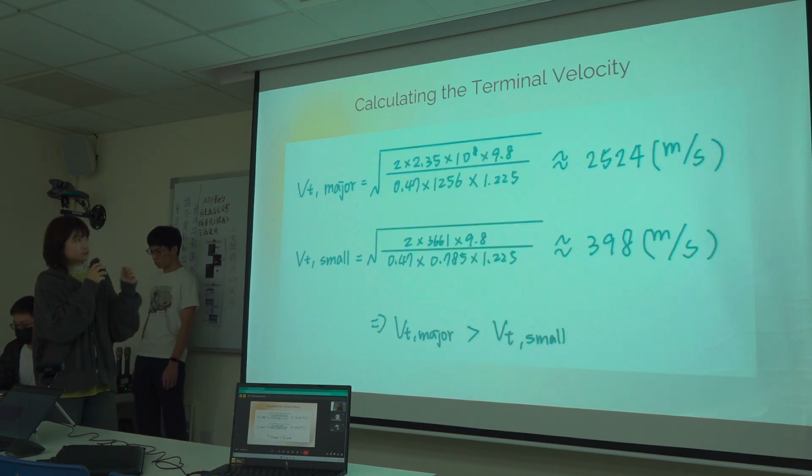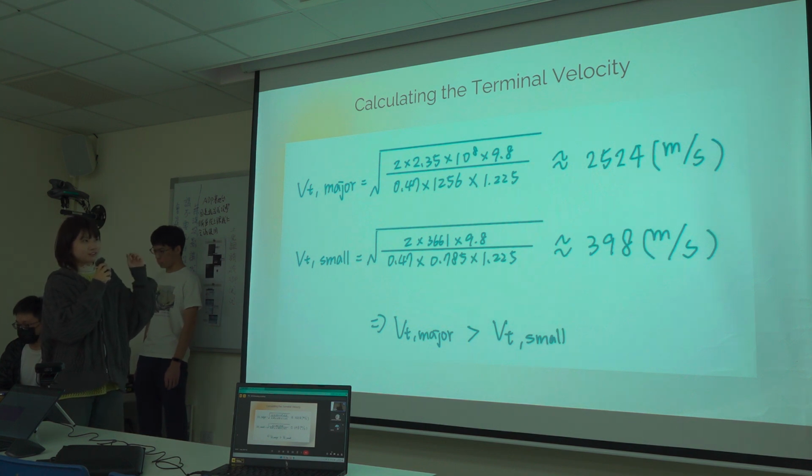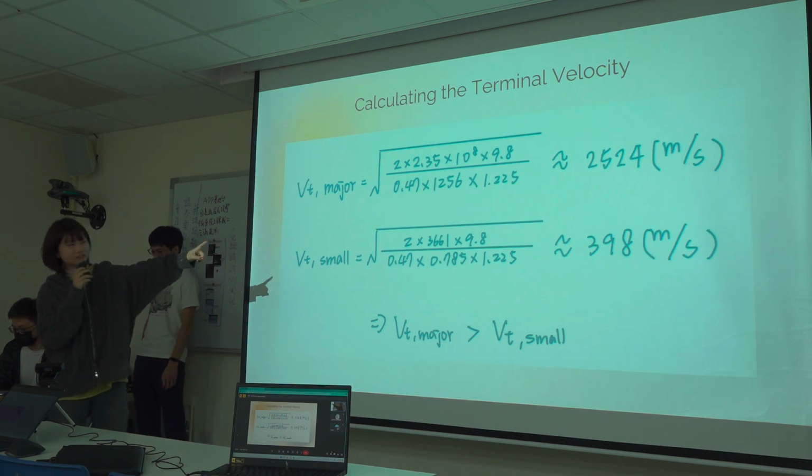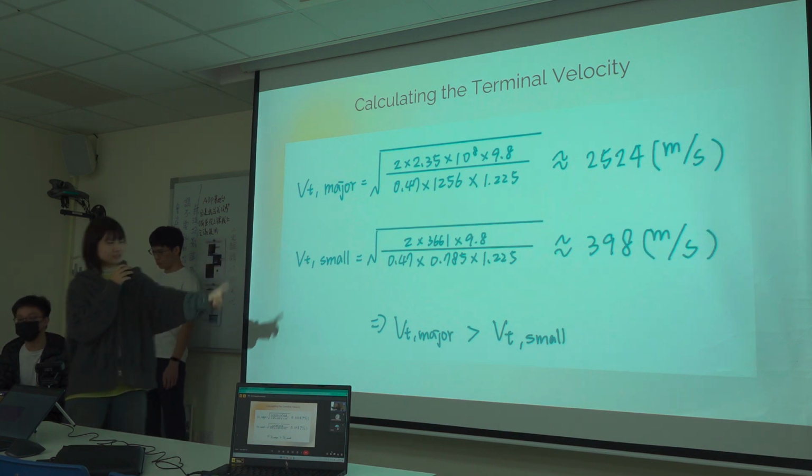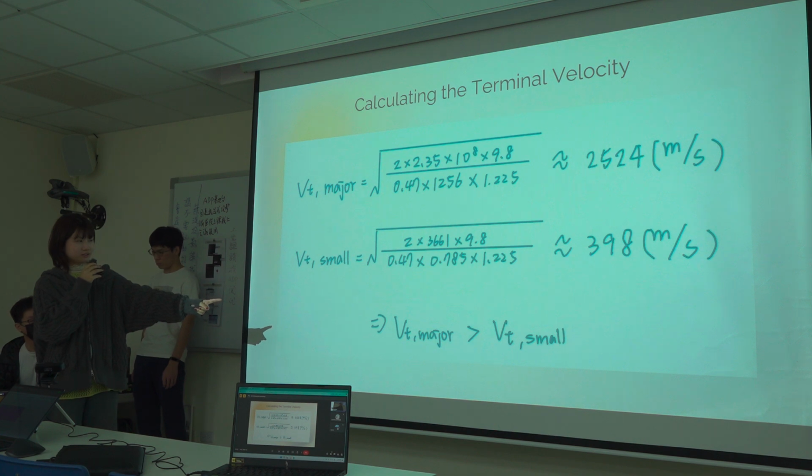We use the formula from earlier, and we can see that the velocity of the major fragments is about this speed, and the small fragments is about this speed, and we see that the major speed is bigger than the small.